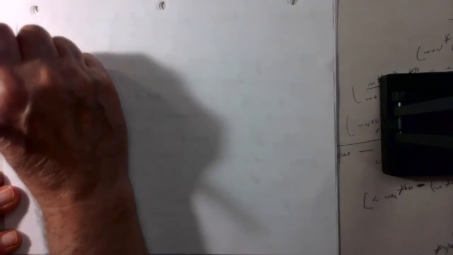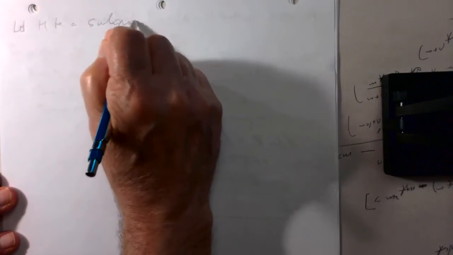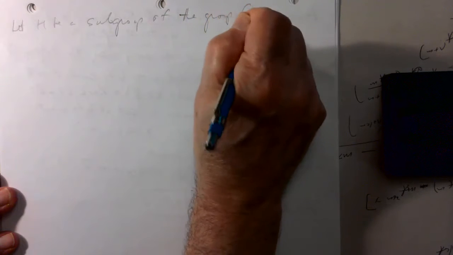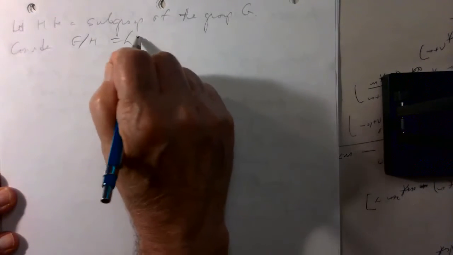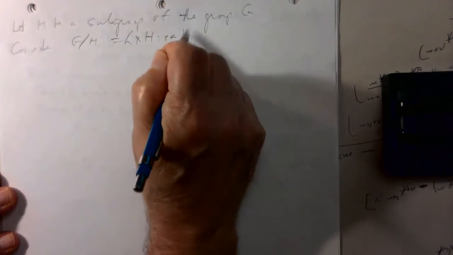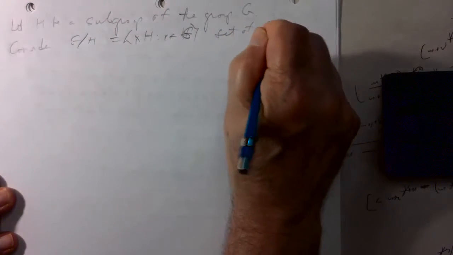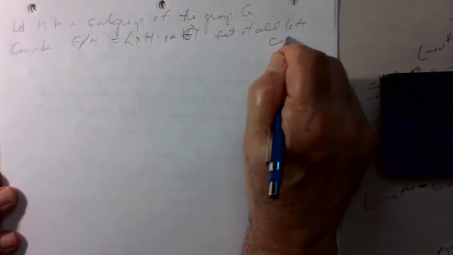So we would like to generalize this to subgroups of an arbitrary group. Let H be a subgroup of the group G. So consider G mod H, which is the set of all left cosets.